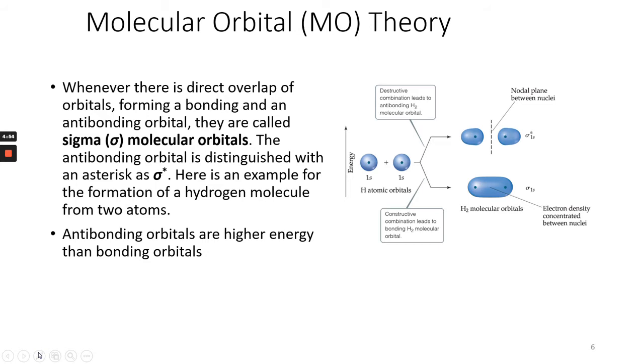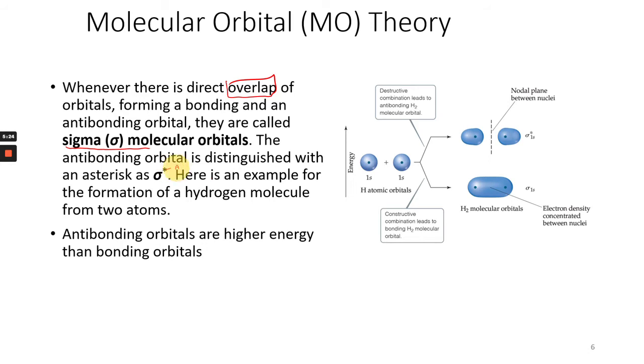Whenever there is a direct overlap of your orbitals, you're going to form a bond and an antibond that are called sigma. Remember when we did VSEPR theory and we were overlapping atomic orbitals and we formed sigma bonds? Well, just like that, in molecular orbitals, when you have overlapping orbitals, you're going to form sigma molecular orbitals. The antibonding orbital is designated with a sigma with a star on it.